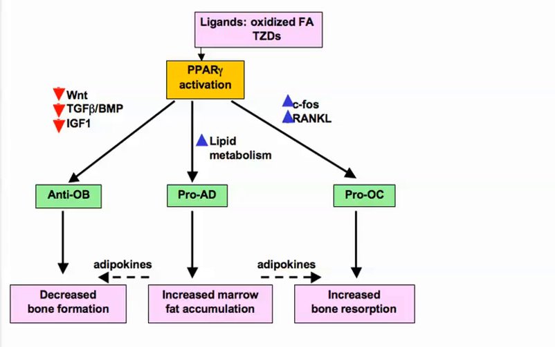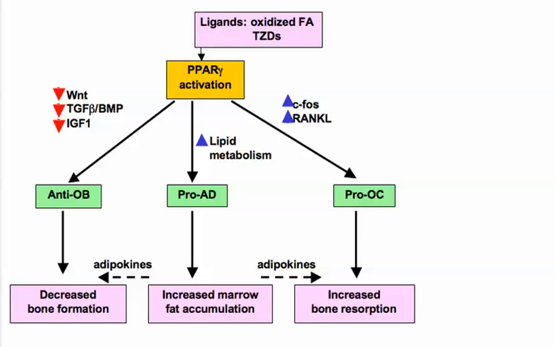With respect to bone, PPAR gamma functions as a switch promoting myeloid hematopoietic cell differentiation into osteoclasts, thereby promoting bone resorption while simultaneously inhibiting mesenchymal stem cell differentiation into osteoblasts, thus suppressing bone formation.